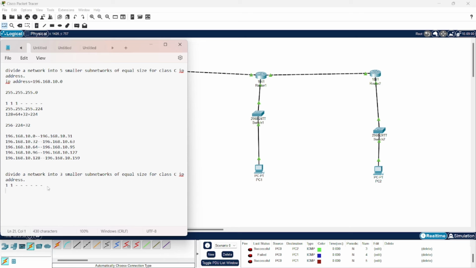Now for the new subnet mask, the last octet would be 128 plus 64. That is 192. So for our new connections, the new subnet mask would be 255.255.255.192.